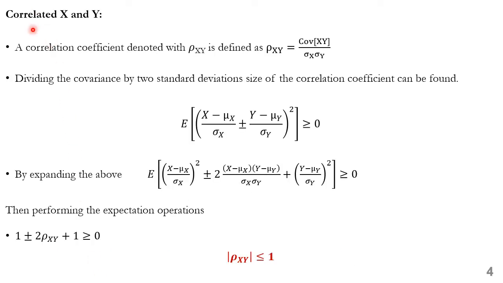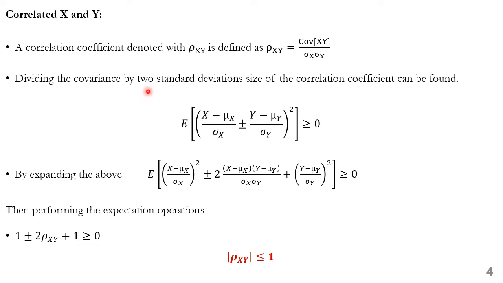Correlated x and y. We define the correlation coefficient rho xy as the covariance of xy divided by sigma x sigma y in the denominator.